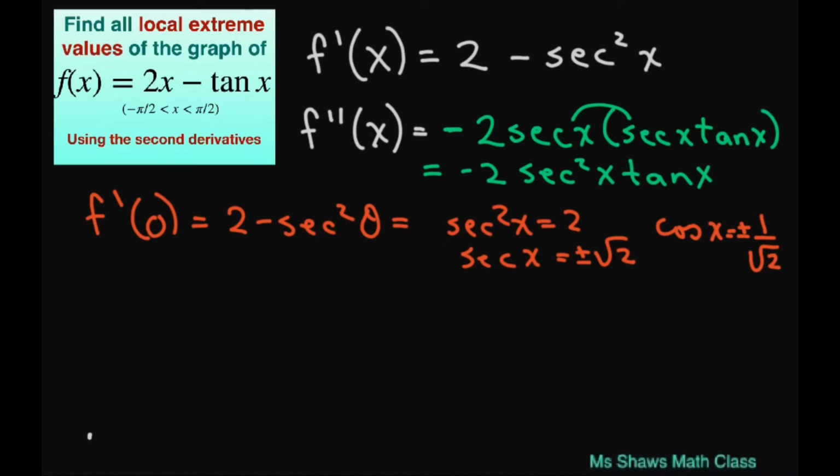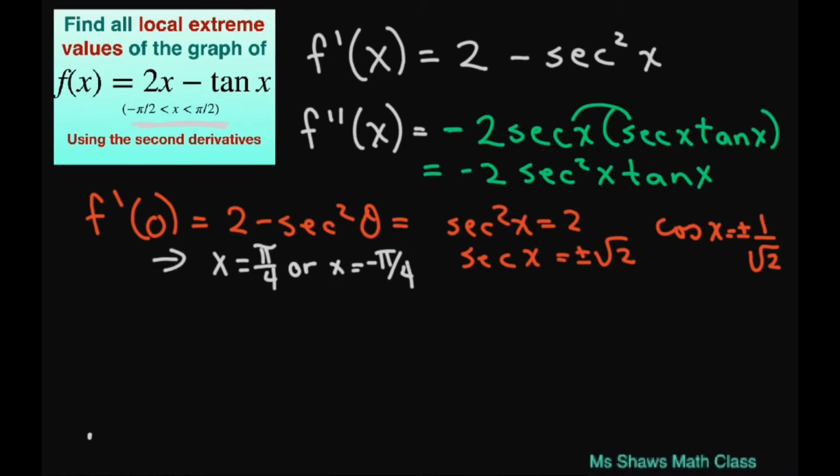So that means our x is going to be pi divided by 4, or x is equal to negative pi divided by 4, in between our interval here. Now, that means we have local extreme values at these two places.